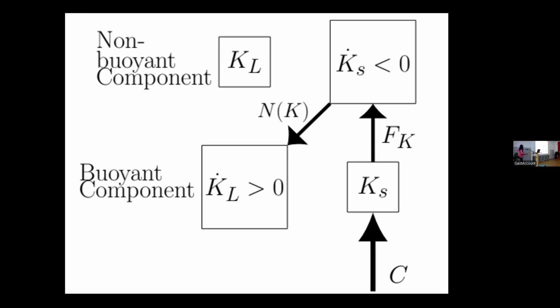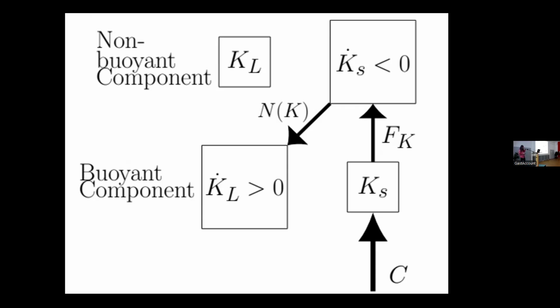And we look at this nonlinear tendency, and I don't show it because it's messy to show. We can show that this nonlinear transfer is mostly coming from nonlinear advection of the non-buoyant components themselves. Self-advection of the non-buoyant component drives this nonlinear inverse cascade.